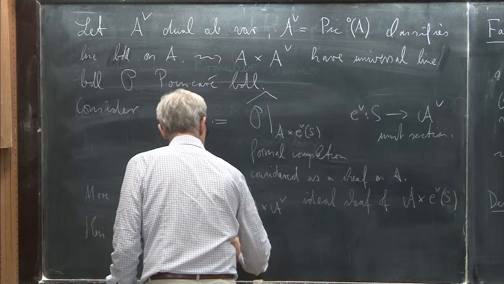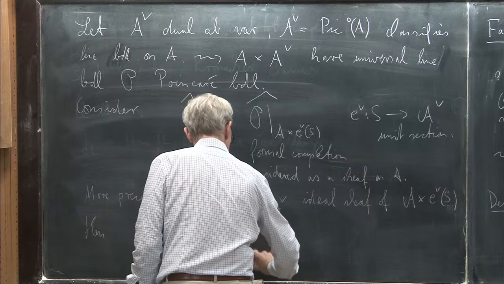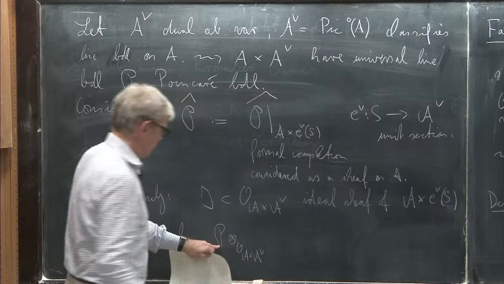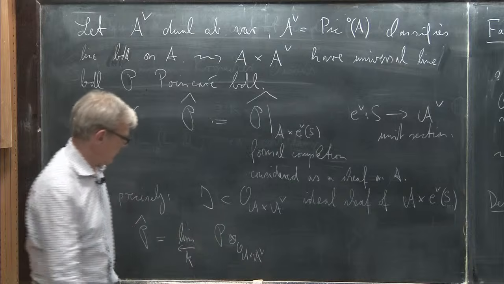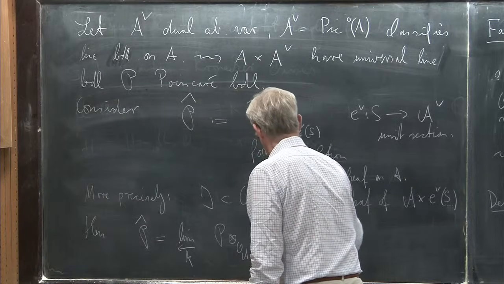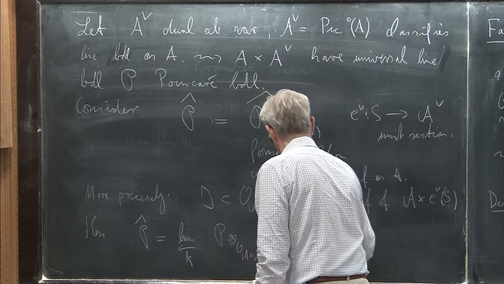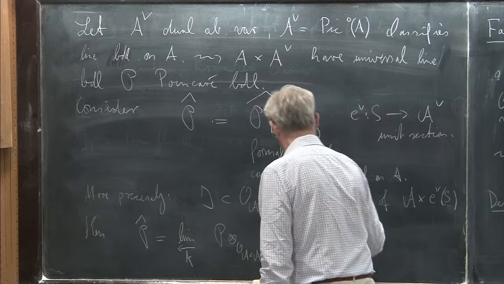We take P, the line bundle, and tensor this over the structure sheaf with O over J^{k+1}.